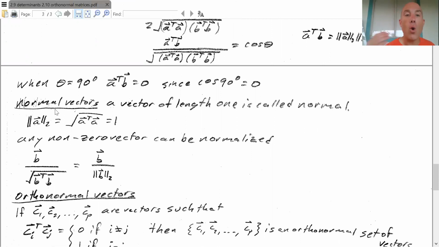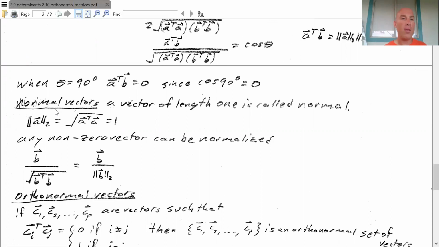So let's talk about normal vectors. In mathematics, we reuse terms. If you go into education, people change one little thing and come up with a whole new terminology, a whole new dictionary of terms. In mathematics, we reuse words instead. So when you see the word normal in mathematics, it can mean a whole bunch of different things.